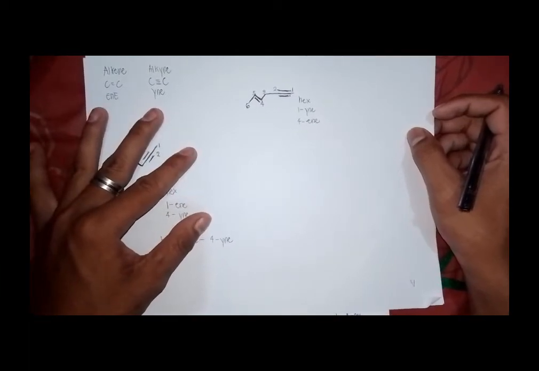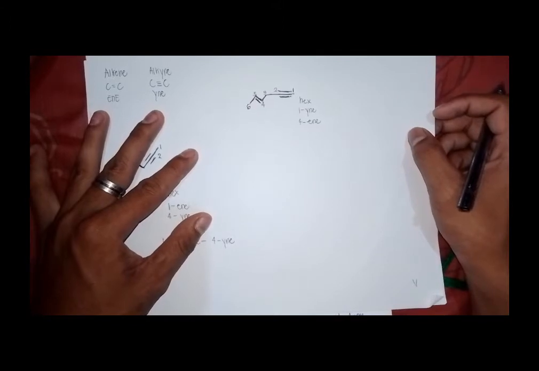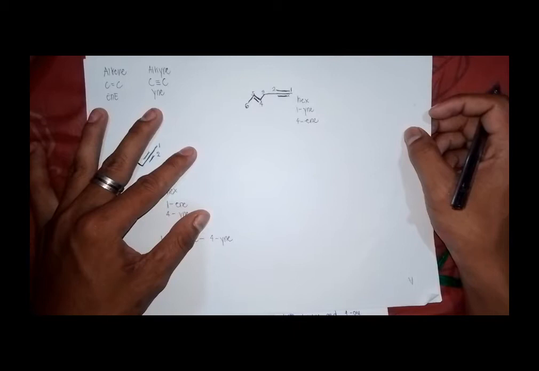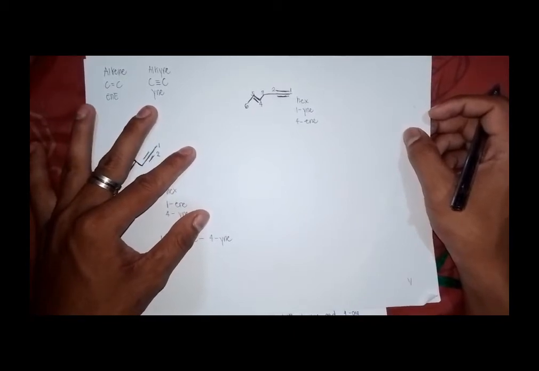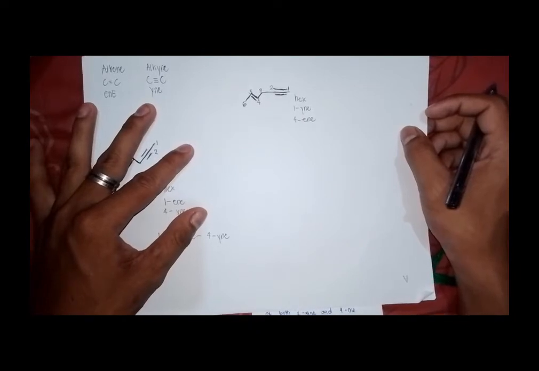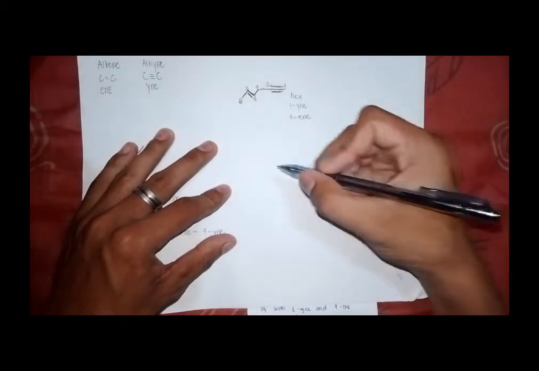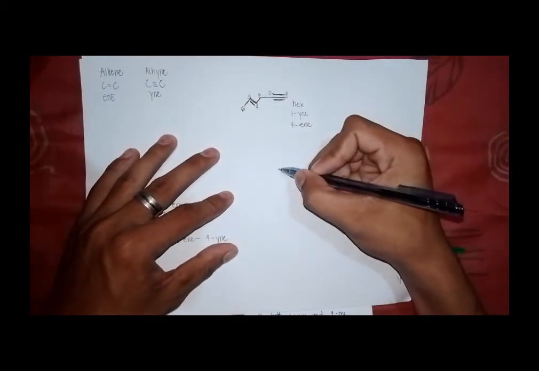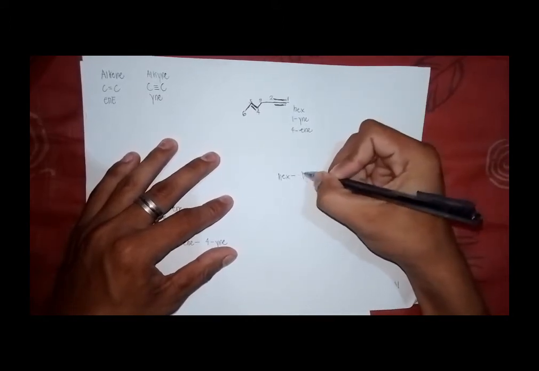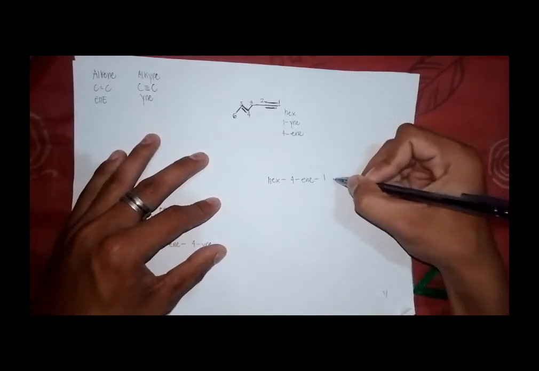In this case, even though the triple bond has higher priority for numbering, E comes before Y, and so ene still comes before yne in the name. The molecule is named hex-4-ene-1-yne.